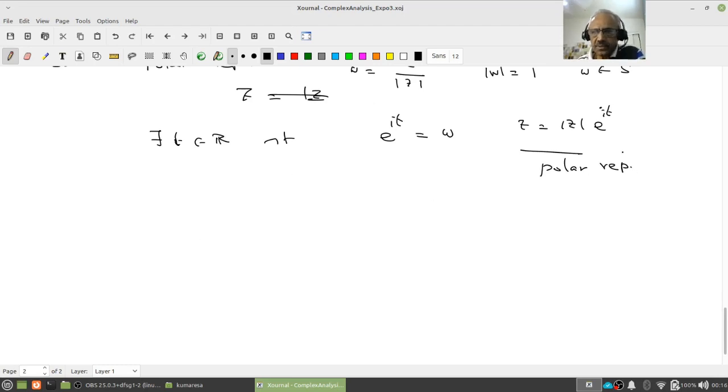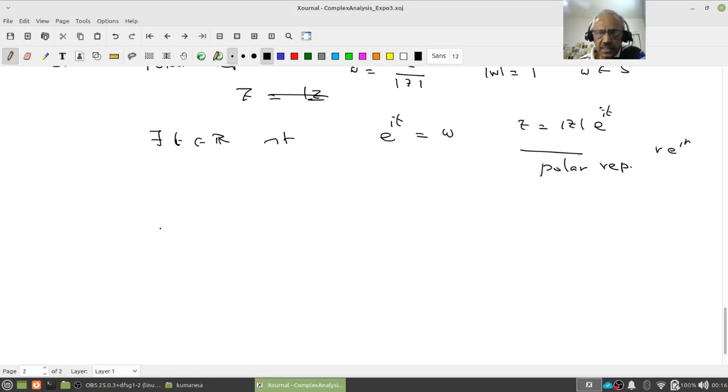So this is something like r e^(it), therefore r cos theta, r sin theta. If I write e^(it) as cos t plus i sin t and break it into real and imaginary parts, the ordered pair will be r cos t, r sin t as a vector in R^2. Very good. So why do I need this?